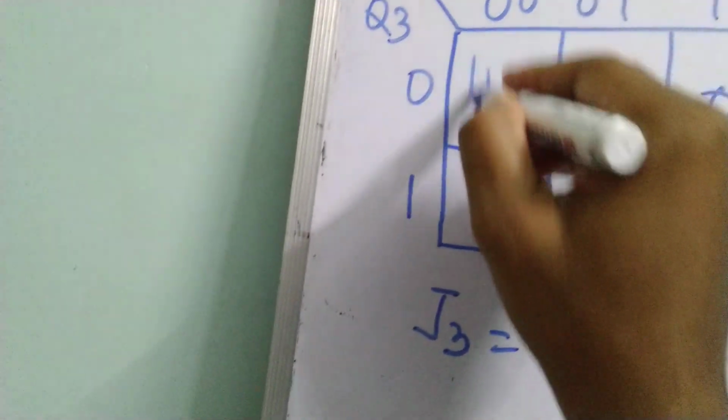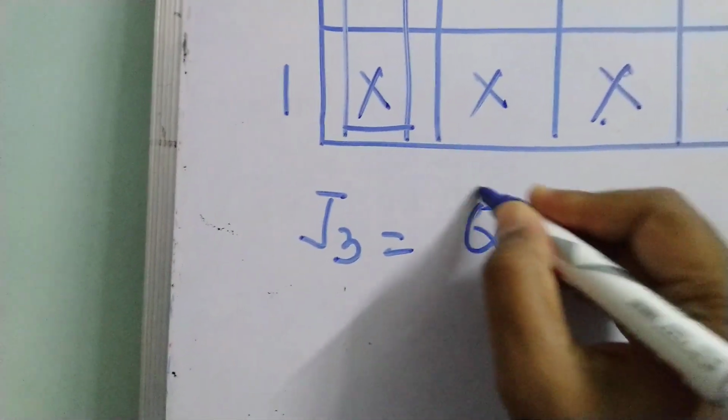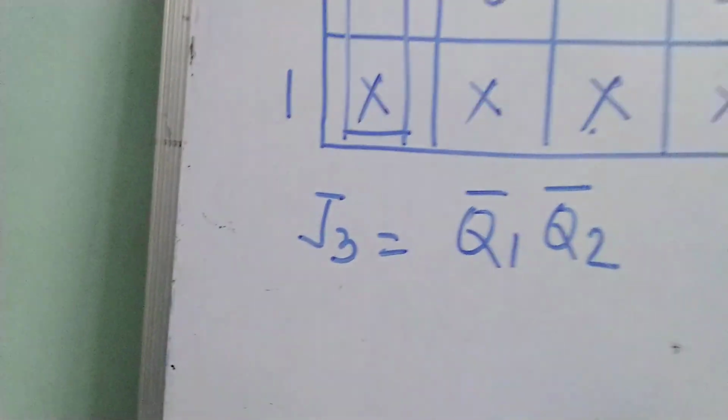So there is a pair, and we may write here Q1 bar, Q2 bar.